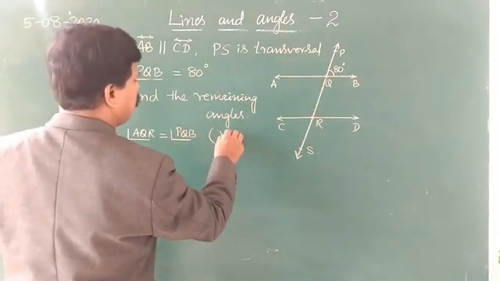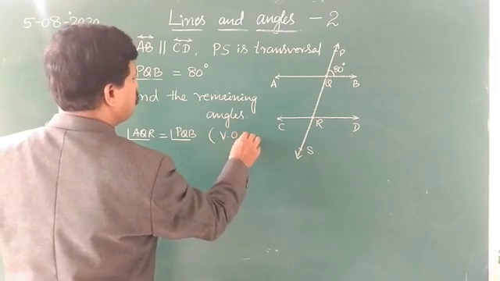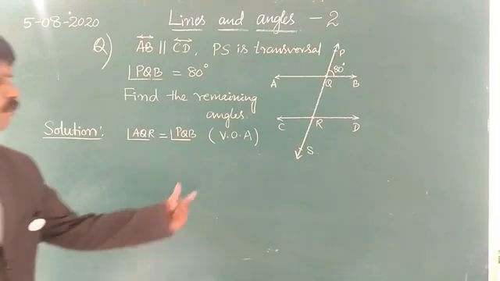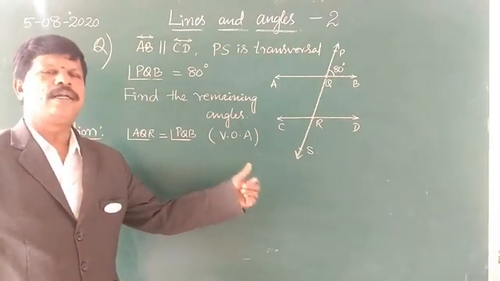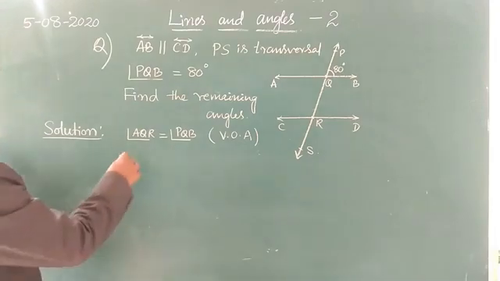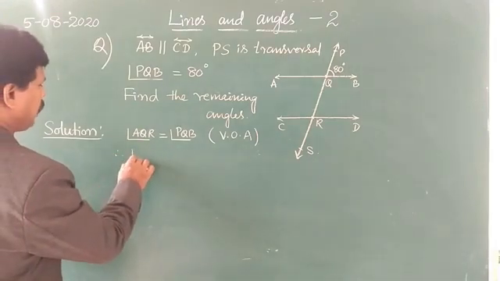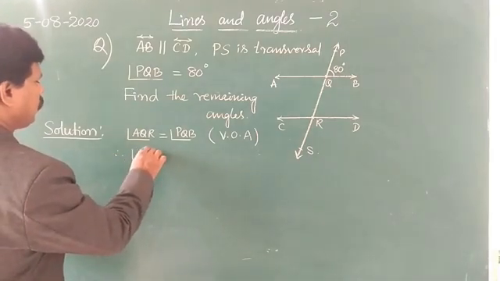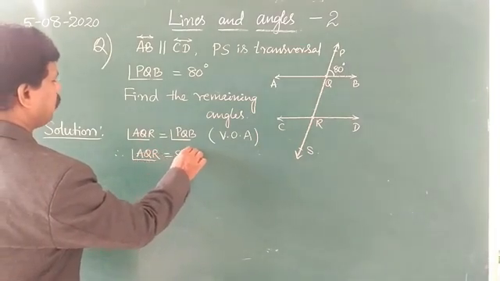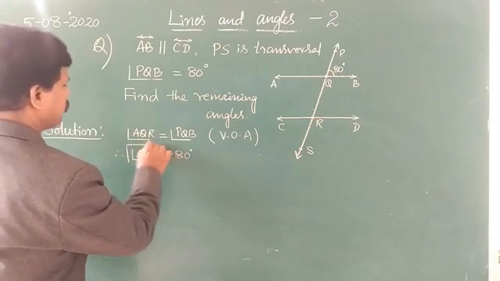I am writing in short form, vertically opposite angles, VOA. Vertically opposite angles are equal. So therefore angle AQR is equal to 80 degrees. So that is the first angle.